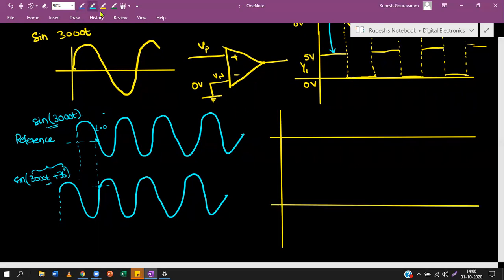Now just like we have seen before, for some time it will be +5, for some time it will be 0.